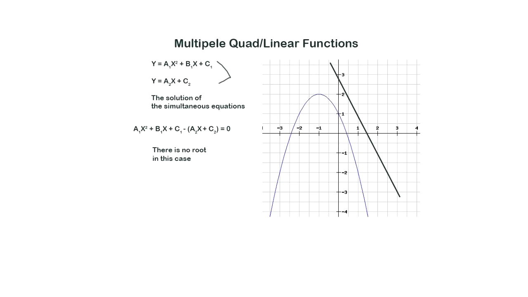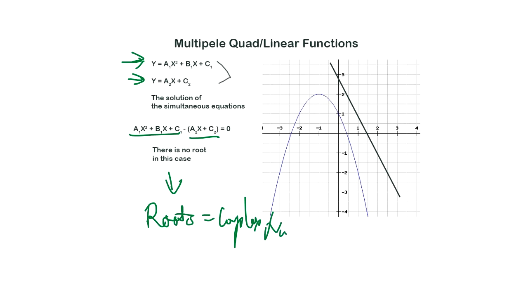The same thing happens here. When you have a quadratic equation and a linear equation, they may not cross at all. So if you do this, the roots can be complex numbers.